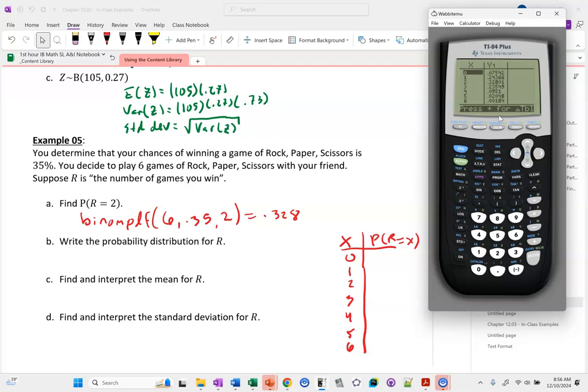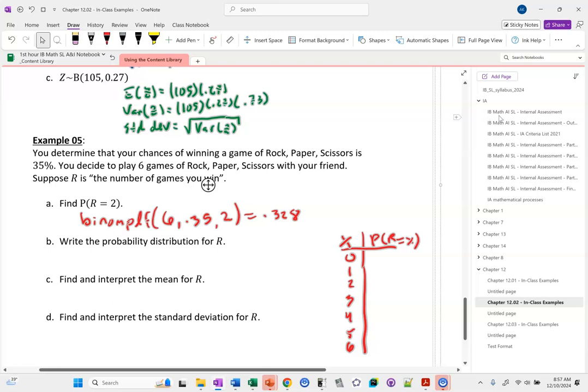Hope you appreciate how much time saver that is. Okay, so I won't bother to copy those into the table, but you guys get what I'm doing here, right?